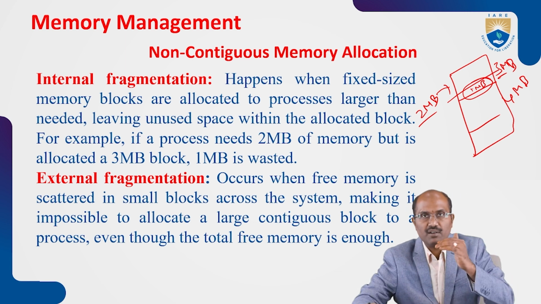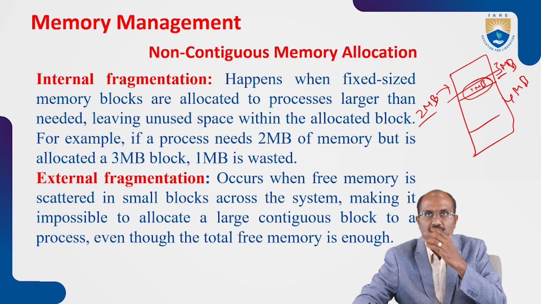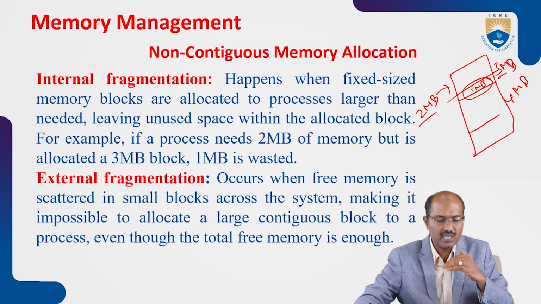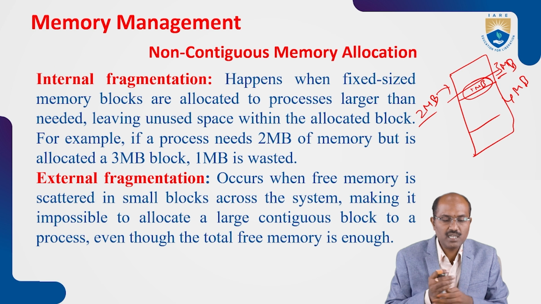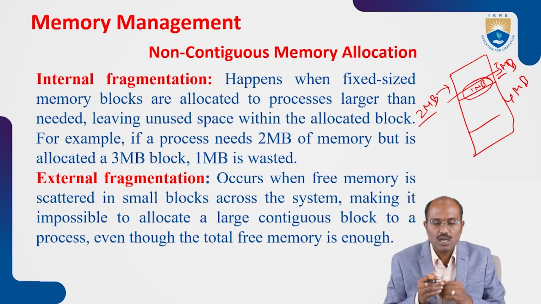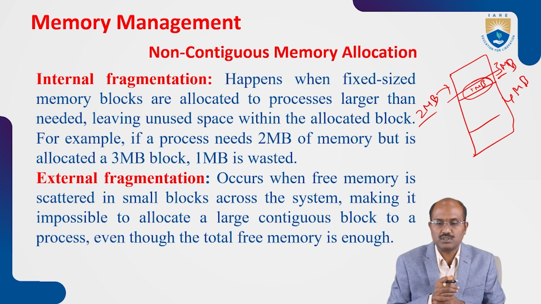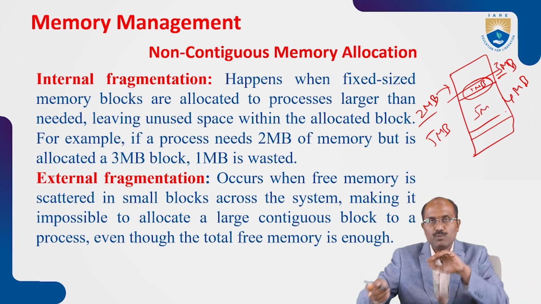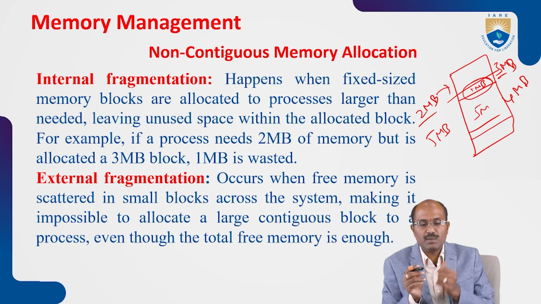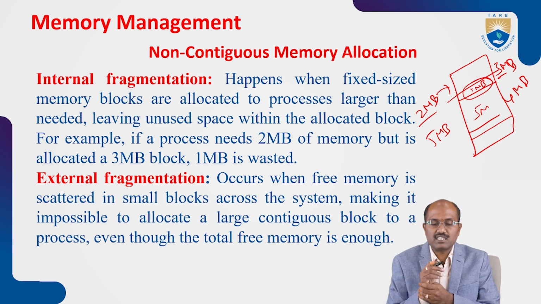External fragmentation occurs when free memory is scattered in small blocks across the system, making it impossible to allocate a large contiguous block to a process. Suppose the next block is 4 MB, and a 5 MB process comes. The 5 MB process cannot fit in 4 MB, so 1 MB extra is needed, but the free memory is not sufficient to allocate that extra memory.